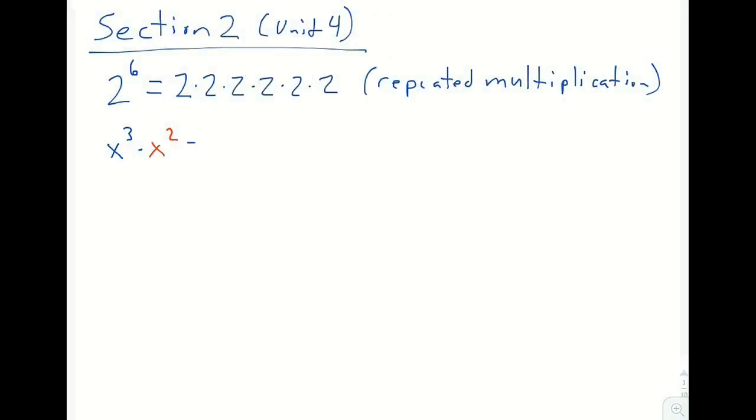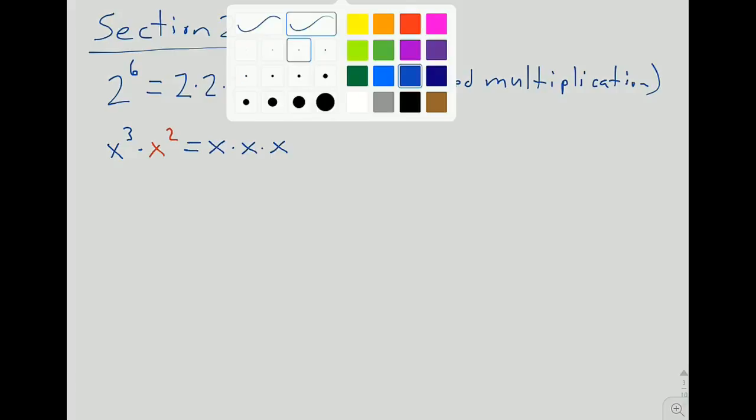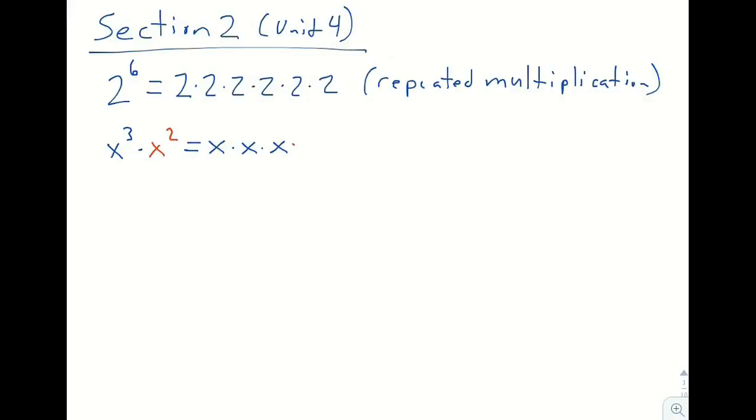So x to the 3rd times x to the 2nd. X to the 3rd is x times x times x, so x times itself 3 times over. And then we're going to multiply that by x squared, which is x times itself.